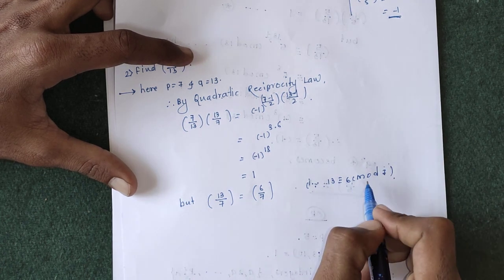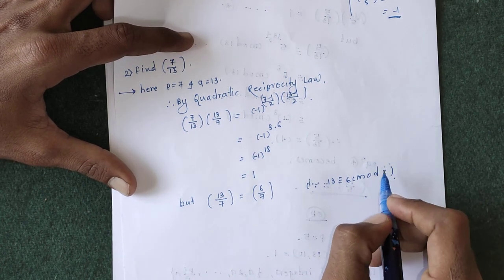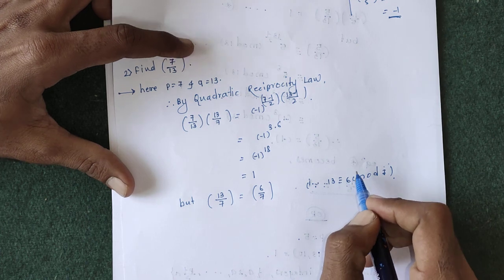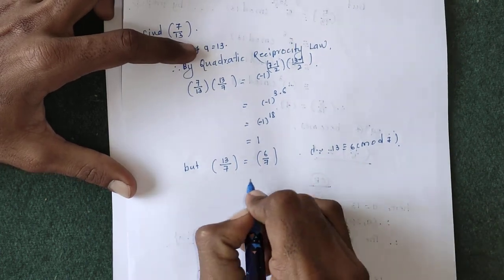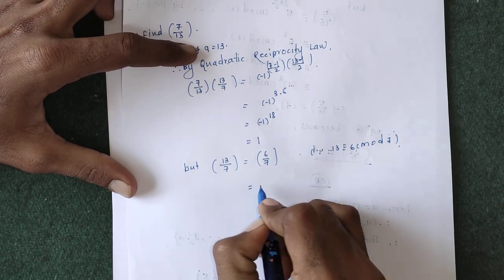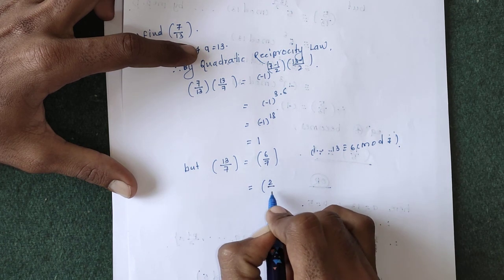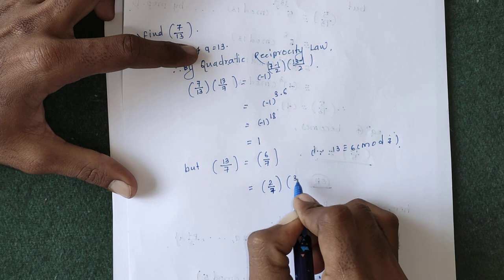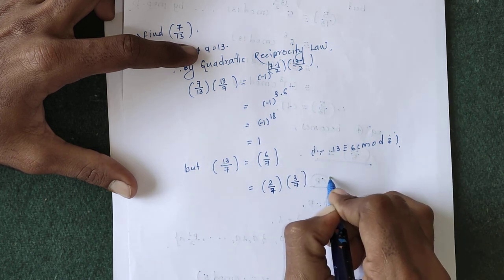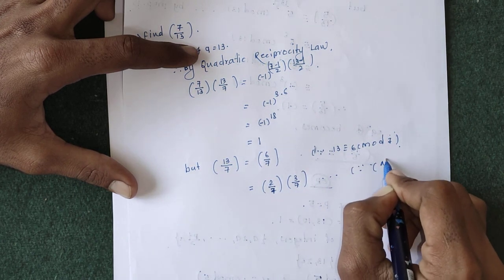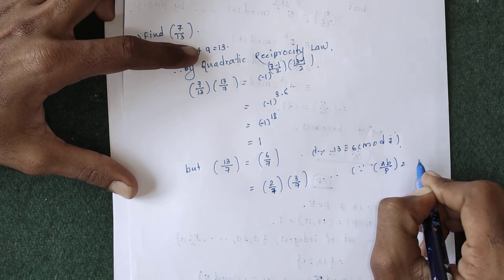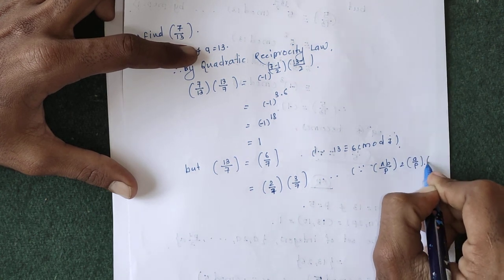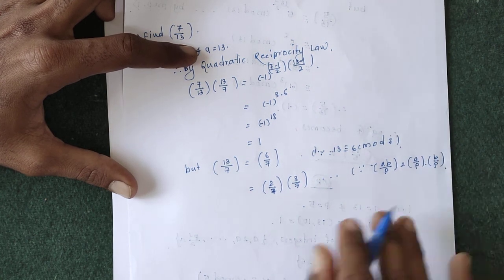If a is congruent to b mod p, then the Legendre symbol of a and p is equal to the Legendre symbol of b and p. So, to find the Legendre symbol of 6 and 7, just use the second result: the Legendre symbol of 2 by 7 and the Legendre symbol of 3 by 7, since the Legendre symbol of ab with p is equal to the Legendre symbol of a with p into the Legendre symbol of b with p.